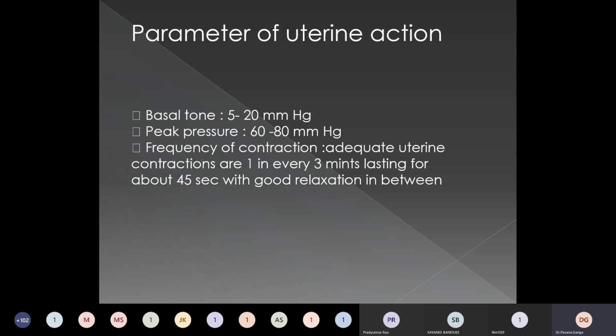In a period of 10 minutes, the lady will have 3 to 4 such contractions, each having a peak pressure of 60 to 80 mm of Hg and each lasting for 45 to 60 seconds. Then you call that the lady is having good, adequate uterine contractions.